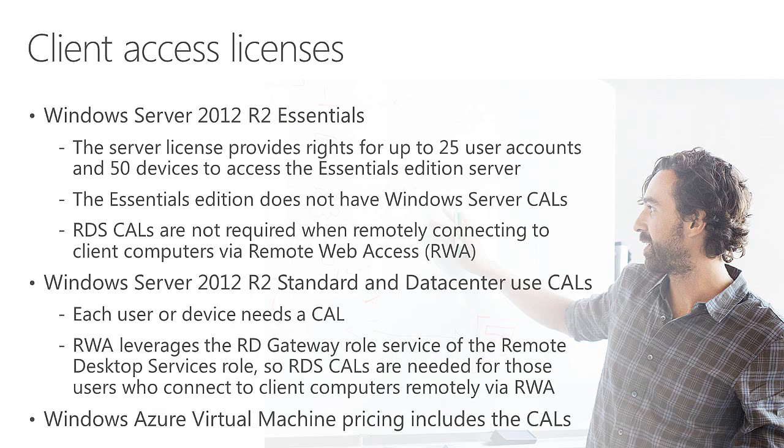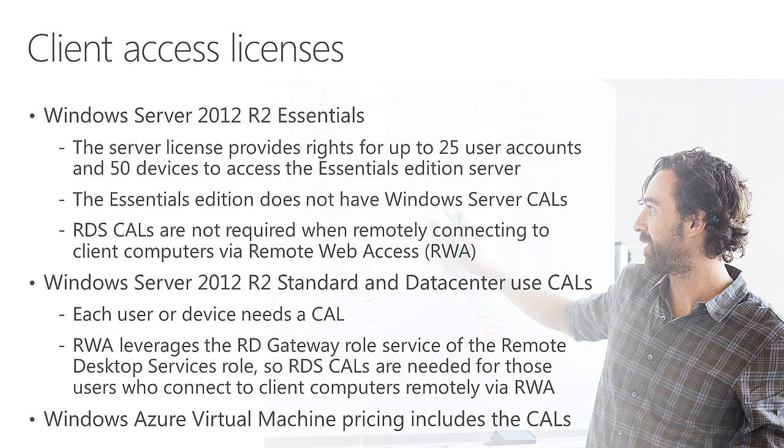Then, kind of related to that is client access licenses, and this is a little bit different. Again, there's some confusion here around the Essentials experience as a role in the Essentials edition versus as a role in the Standard and Data Center editions. So starting out, just talking about the Windows Server Essentials edition.